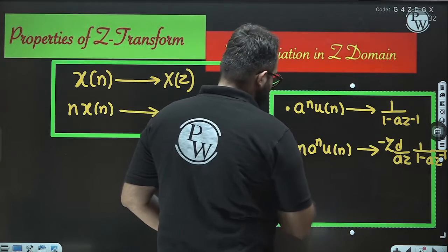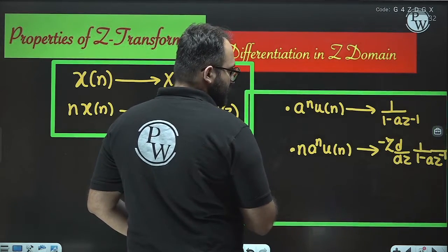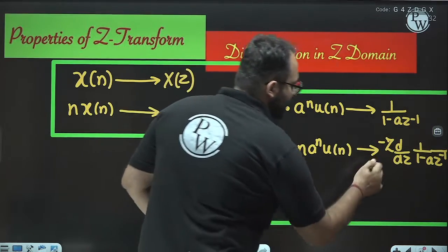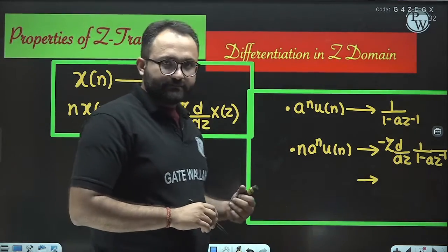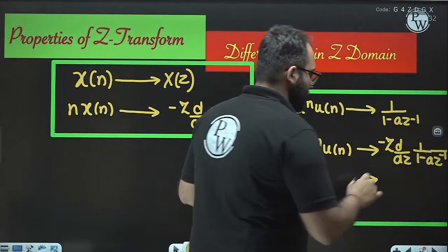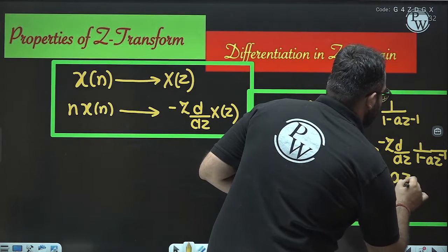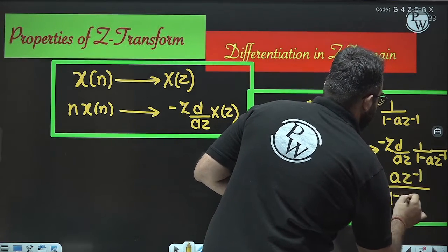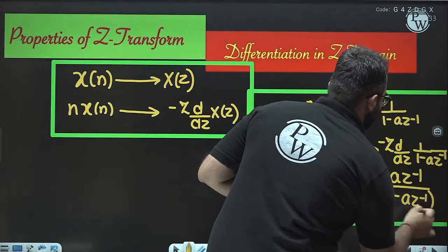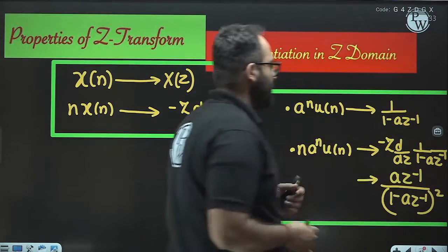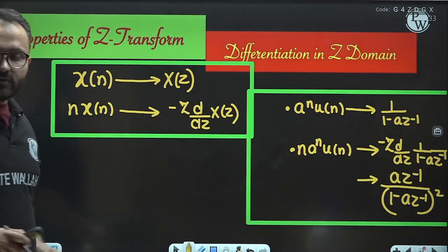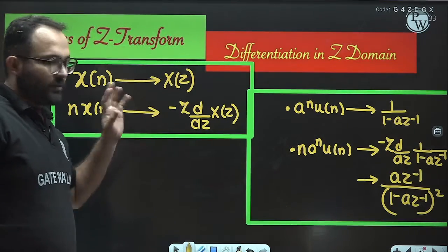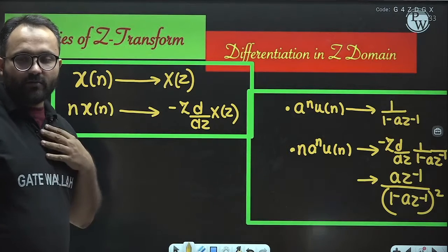So what we'll get after differentiation? If we solve this, we can easily get the result, and the result will be a z inverse upon (1 minus a z inverse) whole square. So this is the z transform of n a^n u[n], using this property. So remember this property, this is very important.